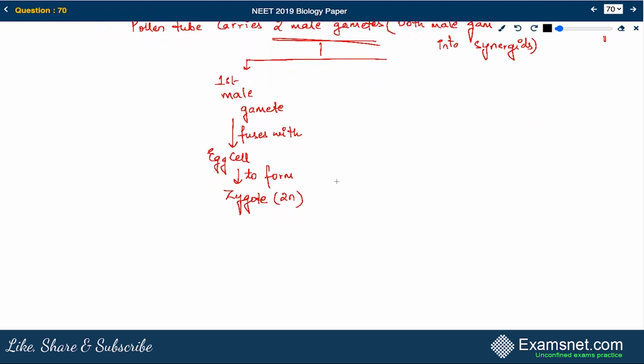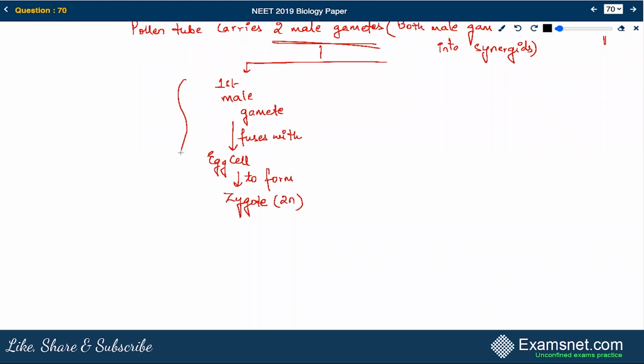All right. And this process is called syngamy. So you can say process known as syngamy.